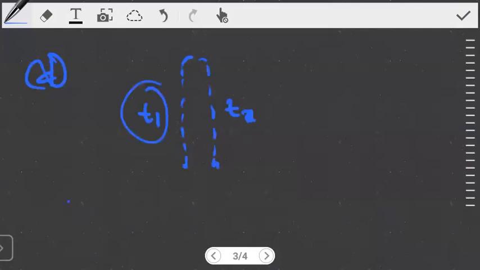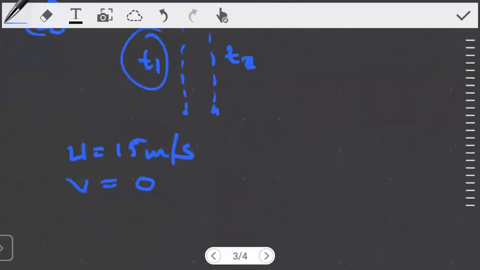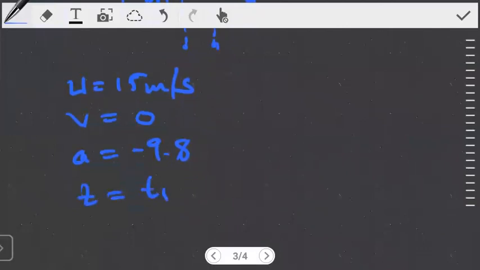The initial velocity is the 15 meters per second it was thrown with. The final velocity is at the turning point, since I'm evaluating just T1 for going up, so that's zero. The acceleration is negative 9.8. Now I want to find T, the time it takes to go up, so I'm saying that's T1. This is basic, so I'll use v = u + at.